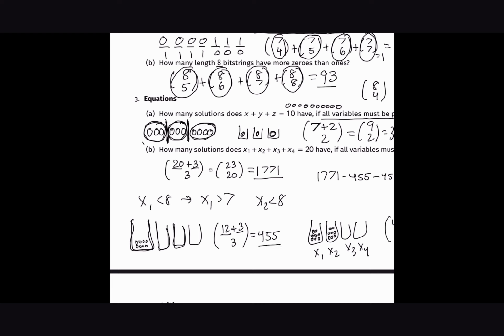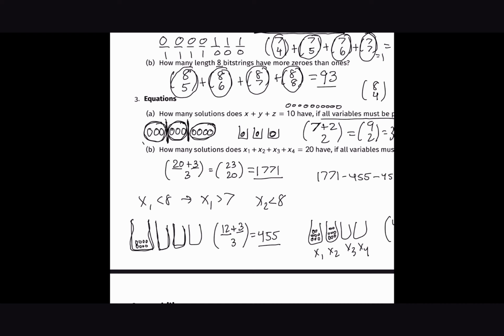Note that we could also do a similar, symmetrical case for x2 being less than 8. In this case, we're trying to find all the possible cases where x2 is greater than 7. If it's greater than 7, that means x2 has to be filled in with 8 balls, just to denote that x2 is greater than 7, and we find all those possible cases.